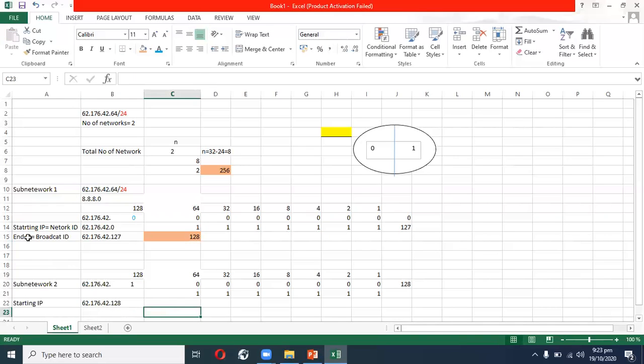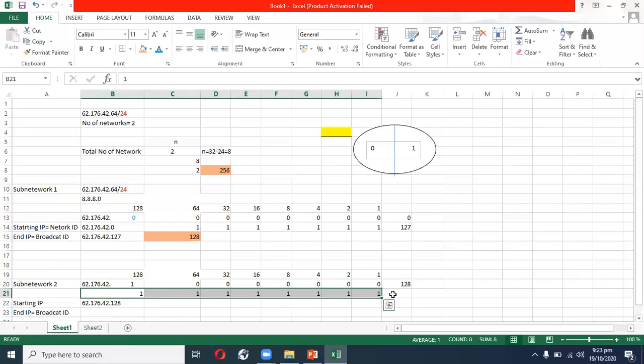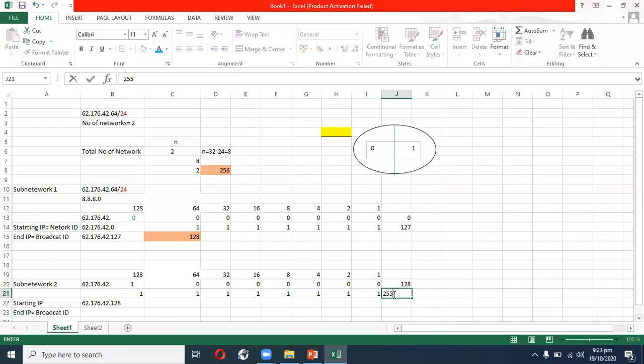Now the end bit, which is also known as the broadcast ID. So for the end bit, this is also 1 because the 1 is fixed. So if we add all of them together, we get 255. So this is our end bit. It's so simple.